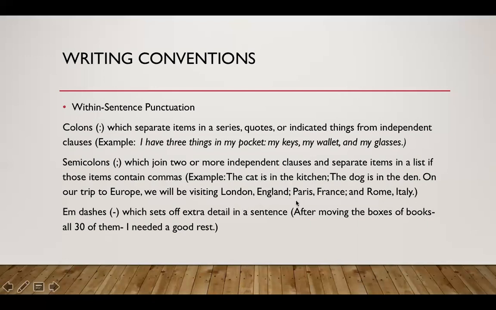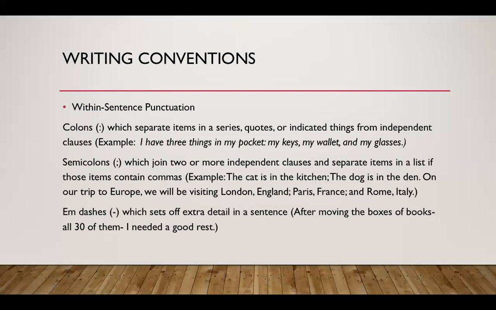Rome, Italy. So you have to look at this as one list item, the second list item, and the third list item. But the items in this list, 1, 2, and 3, the words are separated by commas. So it makes no sense in grammatical structure to have a comma here, here, to separate London, England from Paris, France, and Rome, Italy.